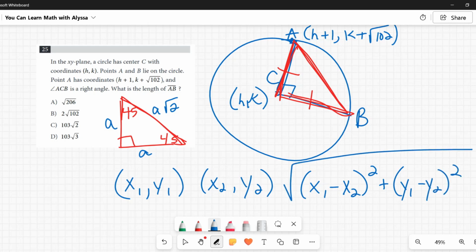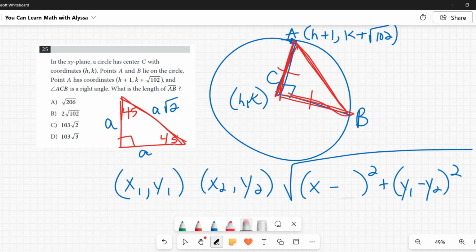It is derived from making a right triangle and using a squared plus b squared equals c squared. I'm not going to go into how it's derived. I have a video down below if you want to see more, but that is our formula.